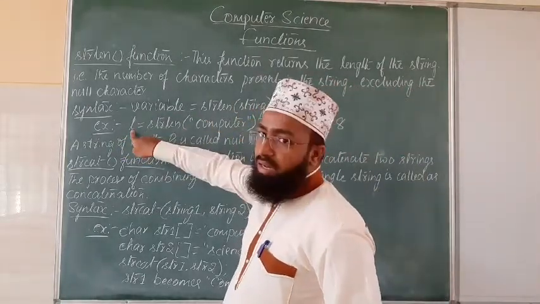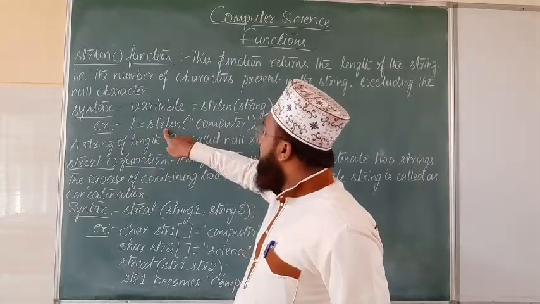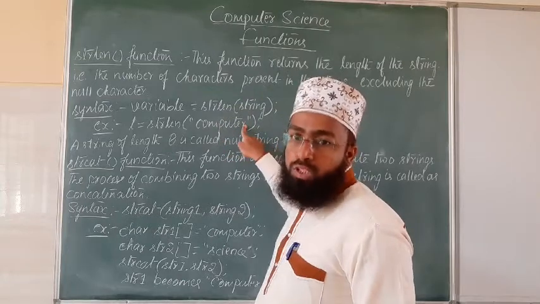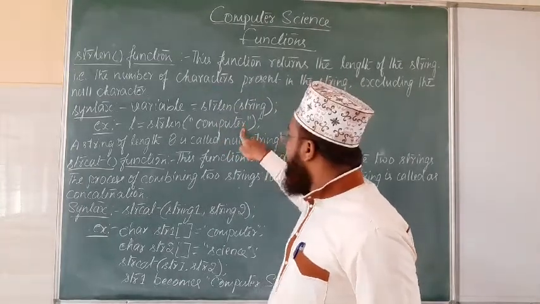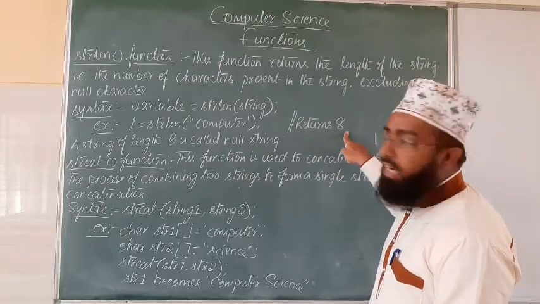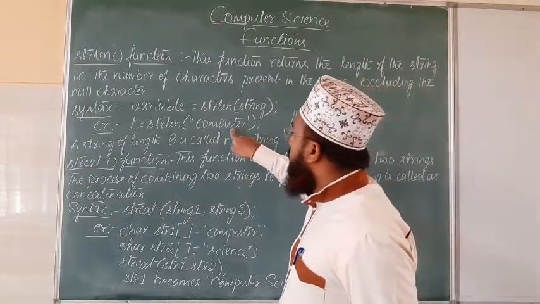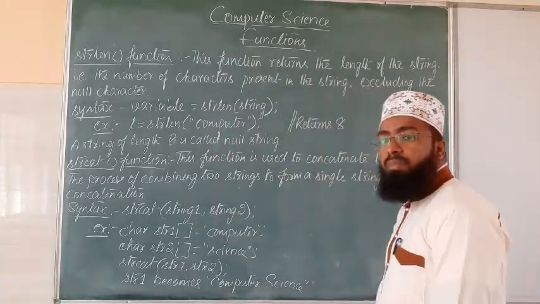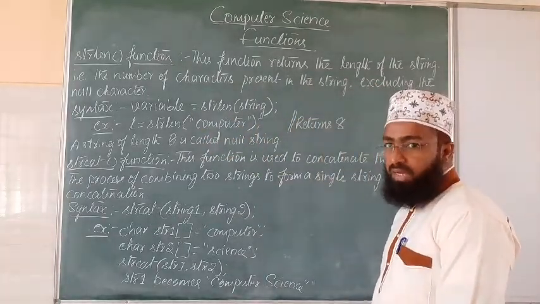The variable is l, equal to strlen, and in place of the string I have given computer. For this, the result returned is 8. 8 means the number of characters: 1, 2, 3, 4, 5, 6, 7, 8. The number 8 will be printed.